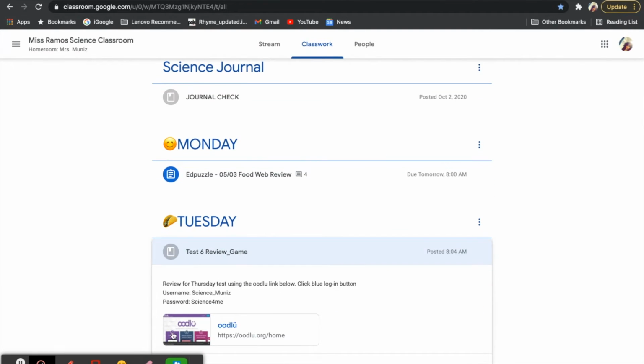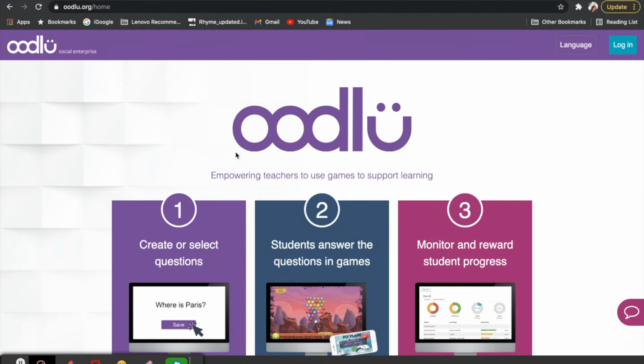In the directions it says to review for the Thursday test using the Odaloo link below. Click the blue login button. The username is science_Muniz and the password is science4me. Click on the link. Once you click on the Odaloo link, it will bring you to this site.